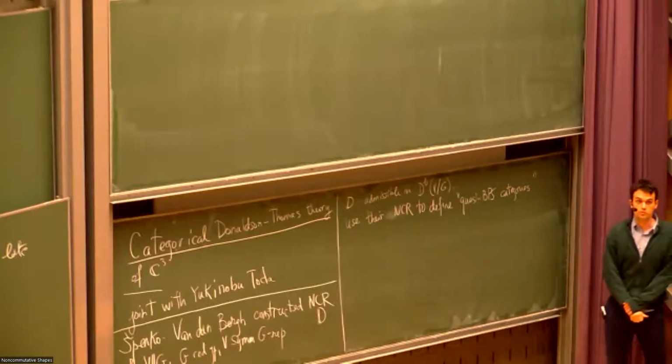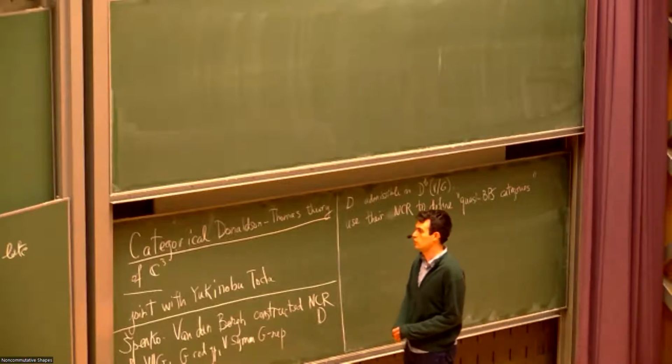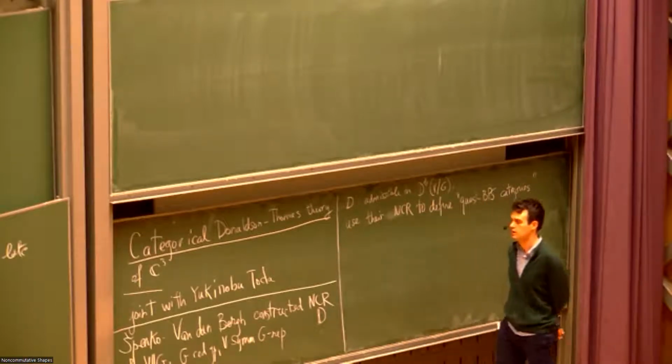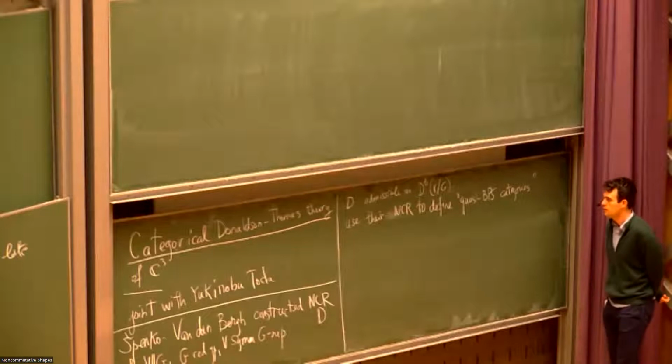In Donaldson-Thomas theory, we consider some categories based on coherent sheaves that categorify more classical structures in enumerative geometry.